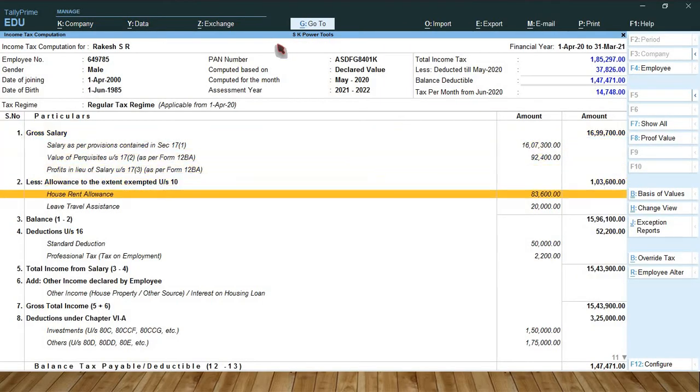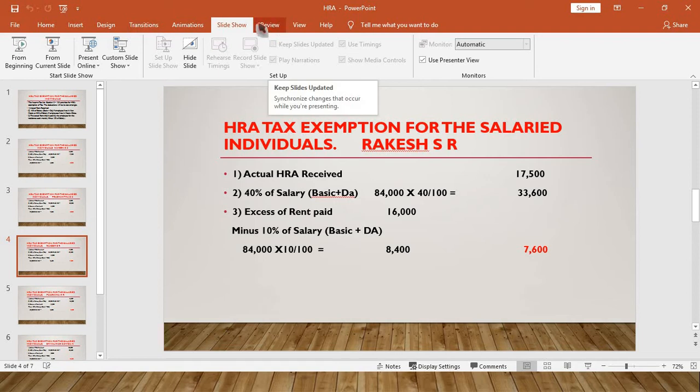His house rent allowance exemption is 83,600. See, actual HRA received 17,500. 40% of salary: 84,000 into 40 divided by 100, that should come to 33,600.